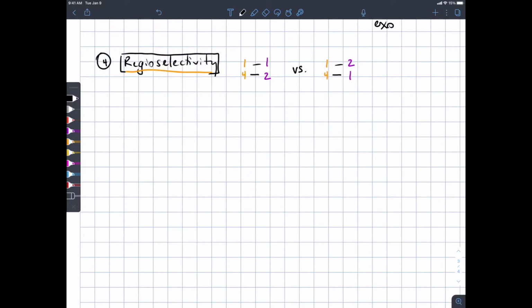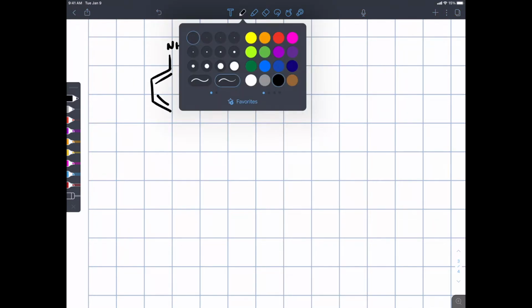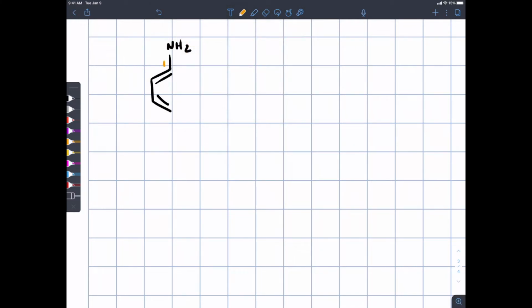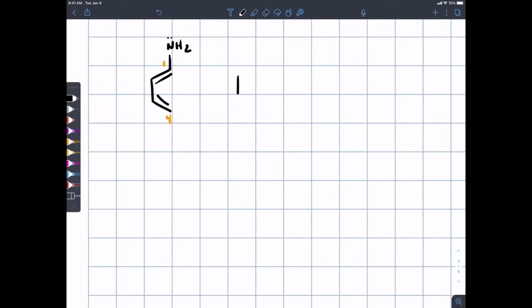So let me give you an example of a case where we can make that distinction. So here is a diene, and it's got an amino group substituent on it. And then here is an olefin, and it's got a couple of different substituents on it.